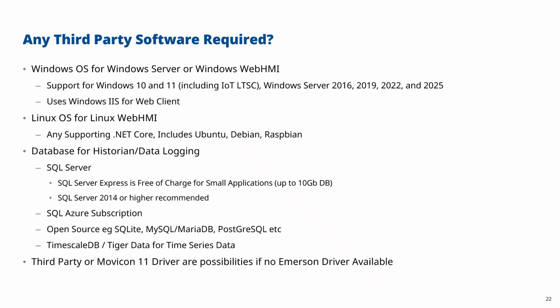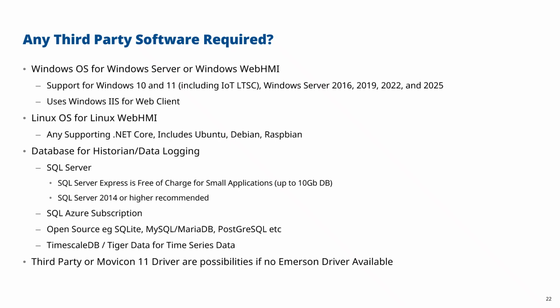And if you've got Windows 10 IoT long-term service channel, that's supported up till 2032. So we do support Windows 10 still. Windows 11 is supported. And on the server side, we support Windows Server 2016, 2019, 2022, and 2025. And if you're using a web client, then you would install and configure Windows Internet Information Services.